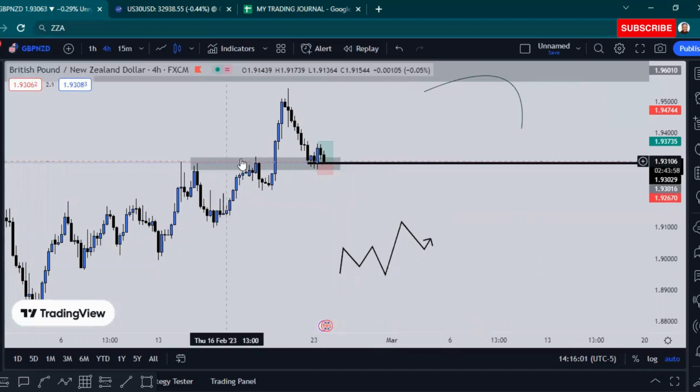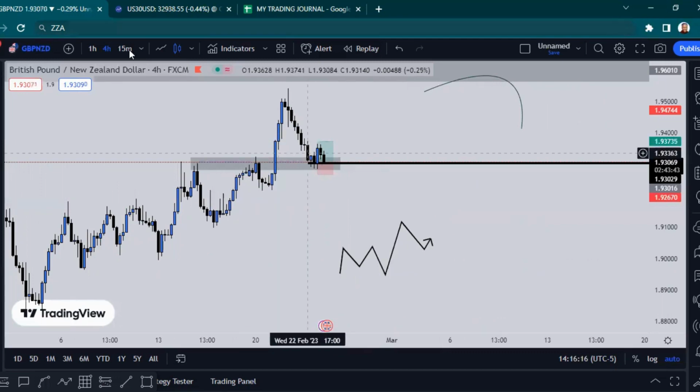This is our two tops here, formed and broken, and it has pulled back. If you measure this price leg from here to here, it's below the 50%, meaning it's at discount, and we're buying at discount, which is good. What I did was I didn't go on the 15 minutes. I just came here and measured the midpoint of this key level, placed the order, and sent out the signal.